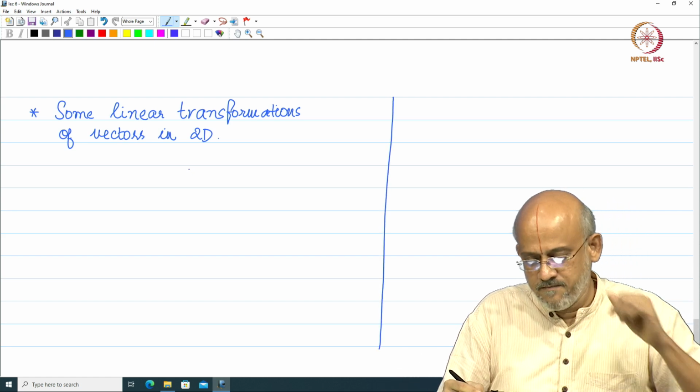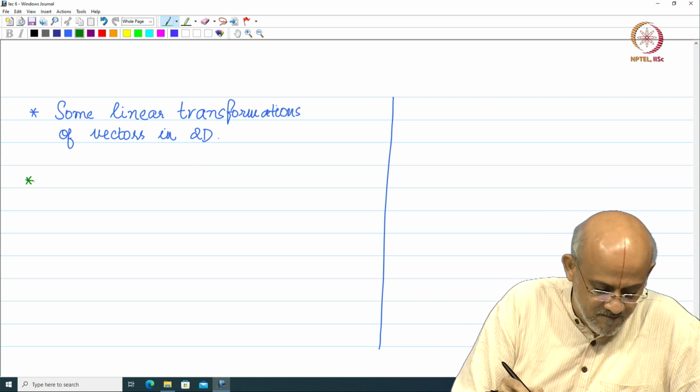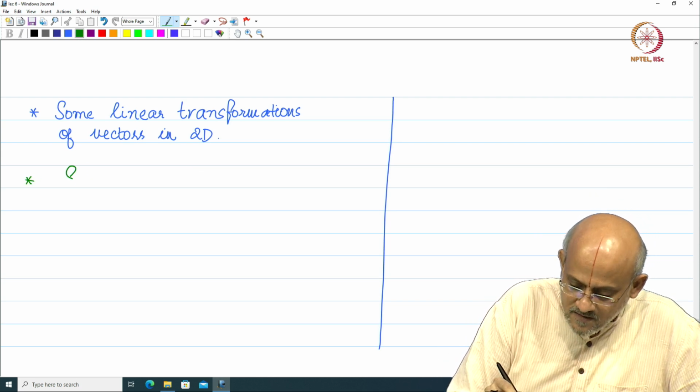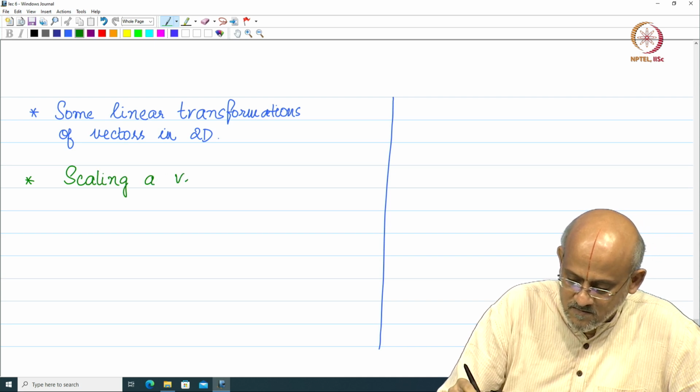The first most important thing that we are going to focus on, let us say, is scaling a vector, the scaling operation.